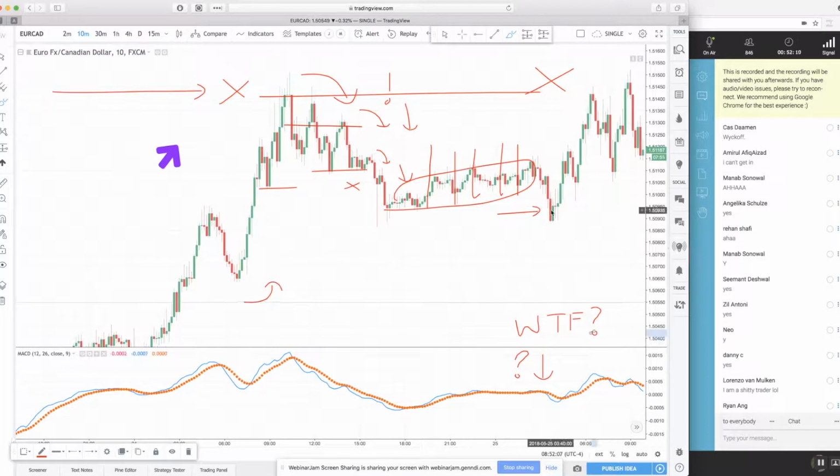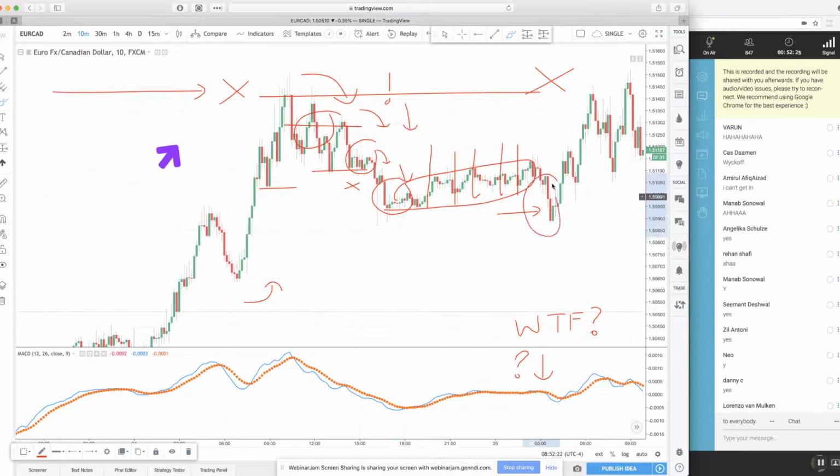Why is that sudden move down coming in so aggressively? And that move down is causing everyone to hit the sells. More people are selling because they're not selling up here, they're selling more over here, and most over here.